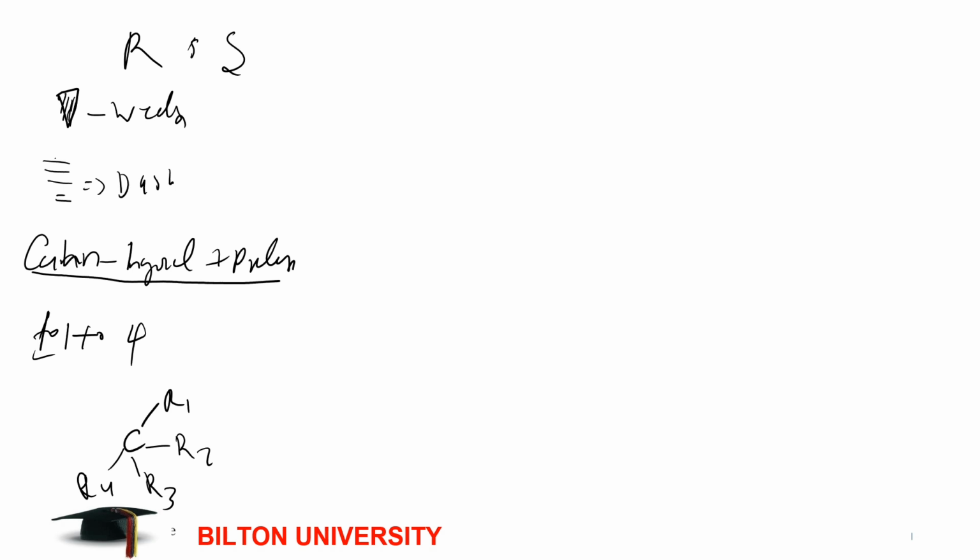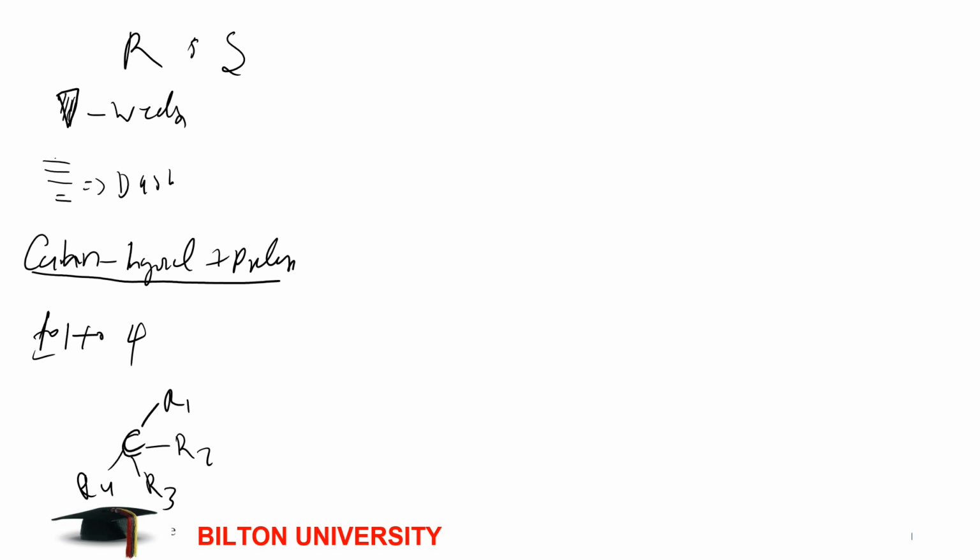And remember, these are atoms which are directly attached to this carbon, and this carbon should be a chiral carbon. We have done what a chiral carbon is, and now we know that it's a carbon which is attached to 4 different substituents. There are sub-rules under the Cahn-Ingold-Prelog rule.